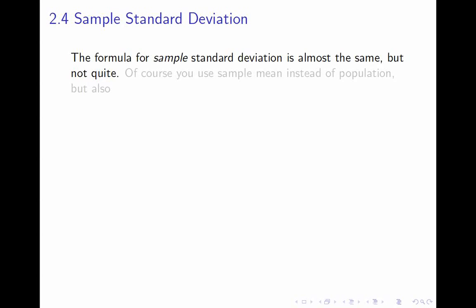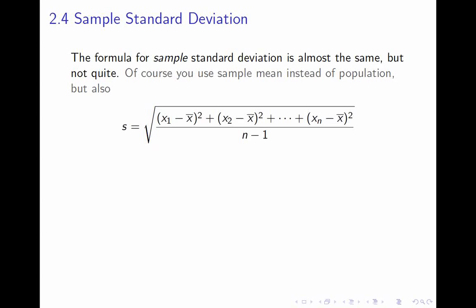But the underlying reason is, and later in the semester we will talk about this a bit, that you want the formula that you compute in the sample that does the best job of approximating the population standard deviation. And it turns out, for deep mathematical reasons, that the thing you can compute from the sample that best approximates the population standard deviation is the sample standard deviation, whose formula is as follows. It's exactly the same as the population standard deviation, except for two differences.